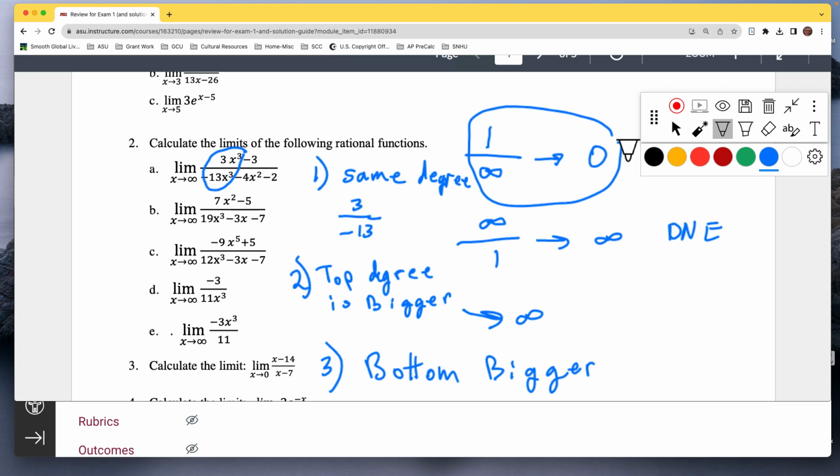The cool part with this one is it doesn't matter if it's positive or negative infinity, it always goes to 0, right? Positive 0 and negative 0 are the same number. So this one goes to 0. So those are the 3 things that can happen with that limit. Okay, so it looks complicated, but all we have to do is focus on the largest degree.